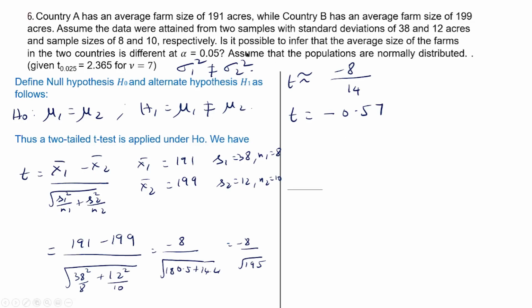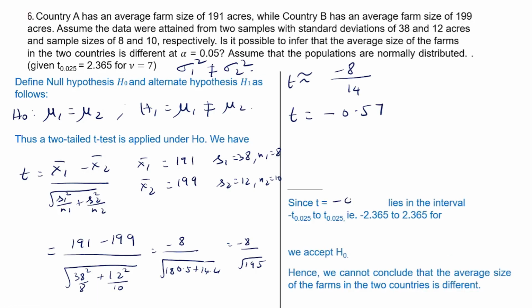Here we need to check whether average size of the farm in the two countries is different. We are getting t equal to minus 0.57, which lies in the region of acceptance.